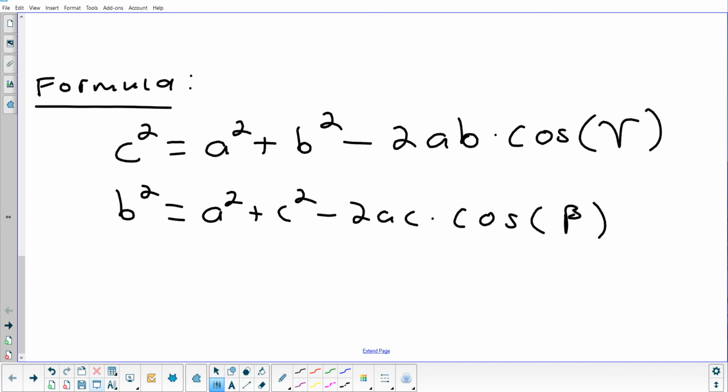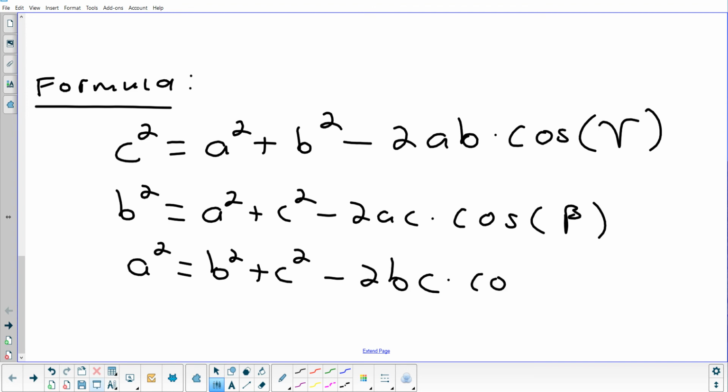So not a different law, just a different way of writing the exact same formula. And what about if you started with a squared? How do you think you could write it? Zach? A squared equals b squared plus c squared minus 2bc times cosine theta. Cosine, what's that angle? Or, alpha. Oh. There you go.